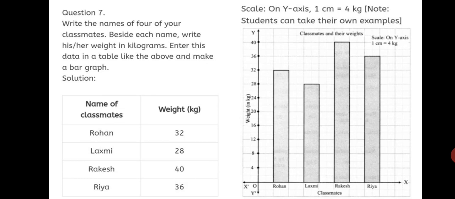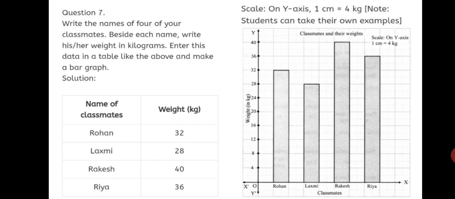Third step, write the names of classmates on x-axis. Fourth step, write the weight in kg in multiples of 4 on y-axis. Fifth step, write the scale which you choose to take on y-axis. If 1 centimeter is equal to 4 kg, write 4 kg. If 1 centimeter is equal to 5 kg, you will write 5 kg. Accordingly you will choose the number in the table.